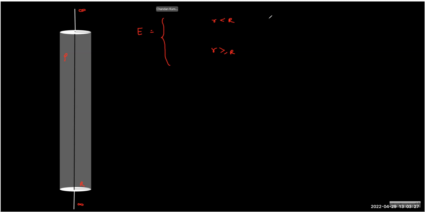And also after doing this, you have to plot the graph between the electric field versus r, because that is what I missed in the previous question. Because we have two domains, one before R, other after R, we will have two formulas. Just do it.